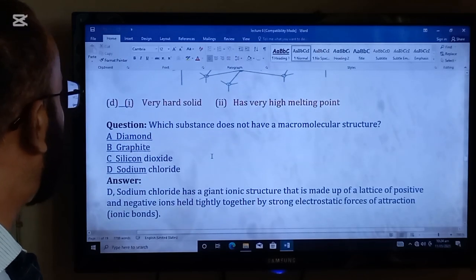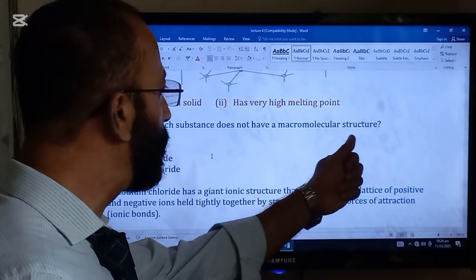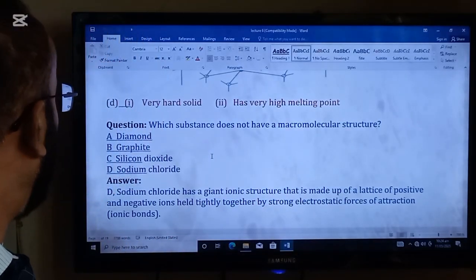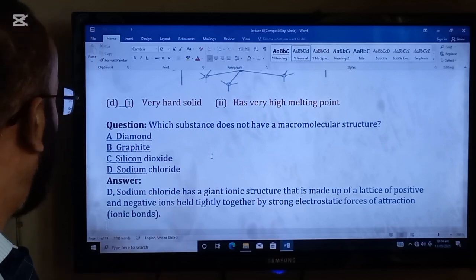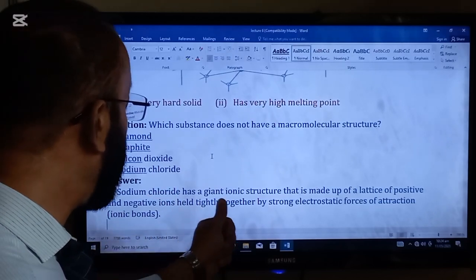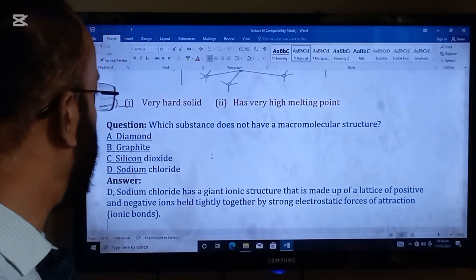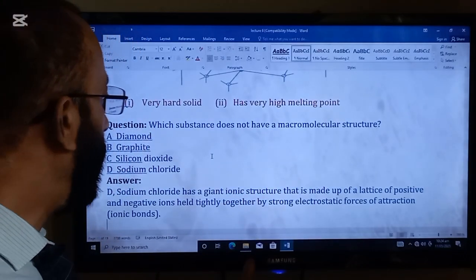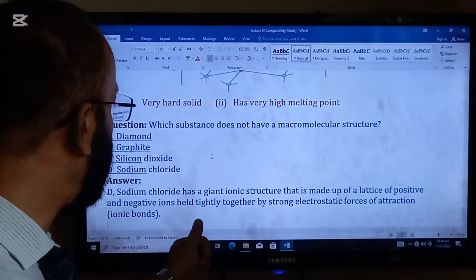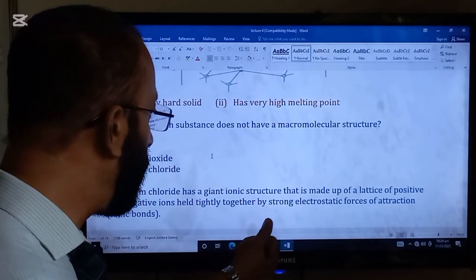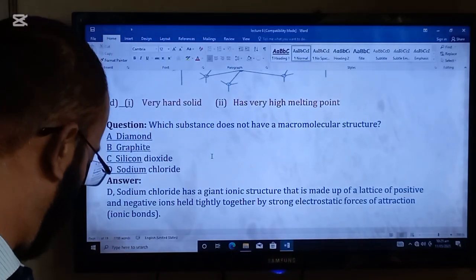Next question is, which substance does not have a macromolecular structure? The answer is sodium chloride. Sodium chloride has a giant ionic structure, not macromolecular structure, that is made up of the lattice of the positive and negative ions held tightly together by strong electrostatic forces of the attraction, that is ionic bonds.